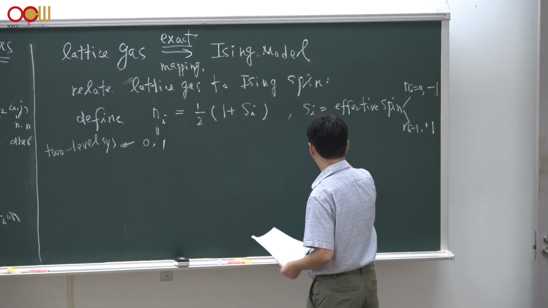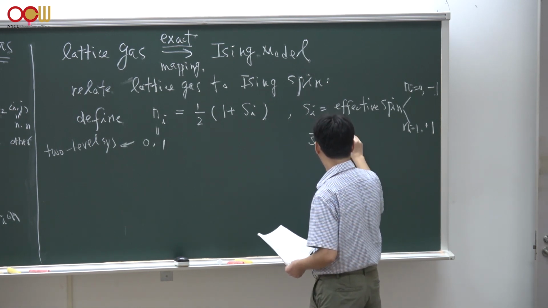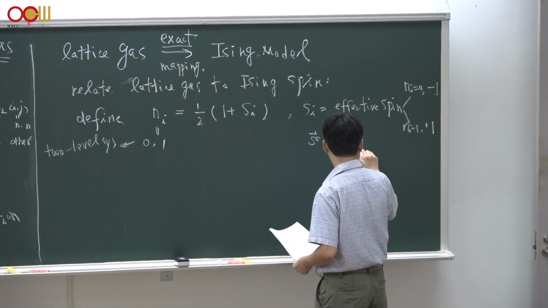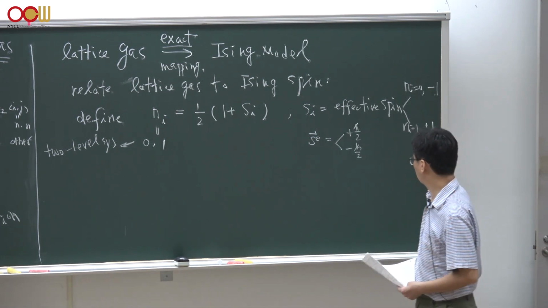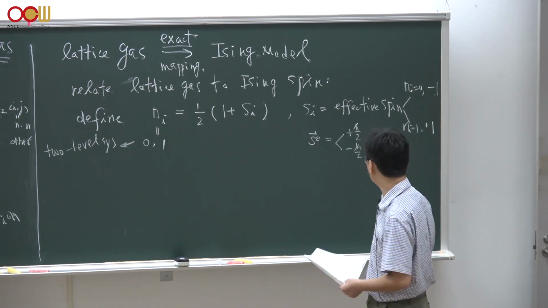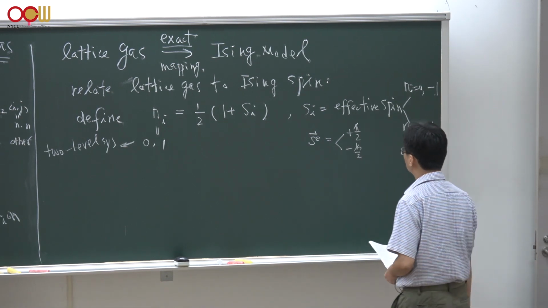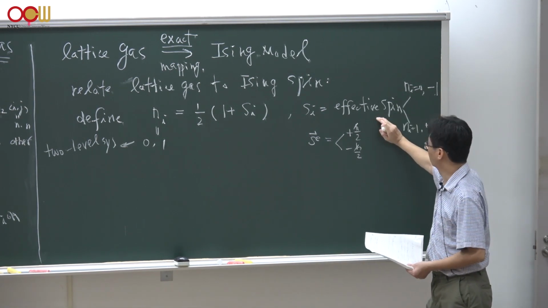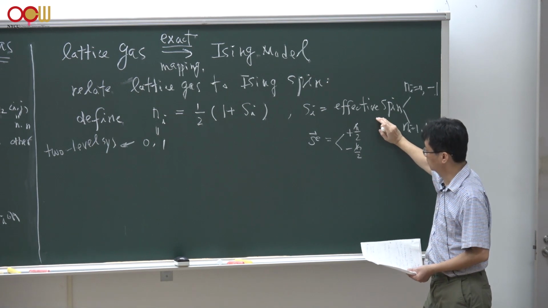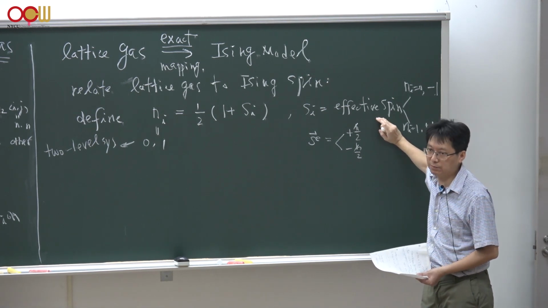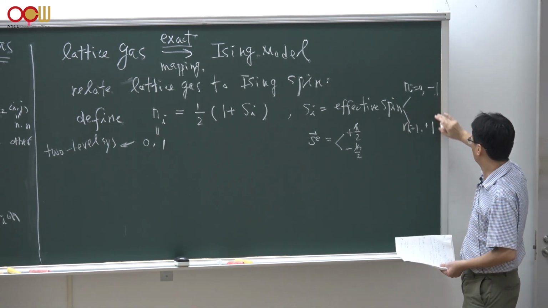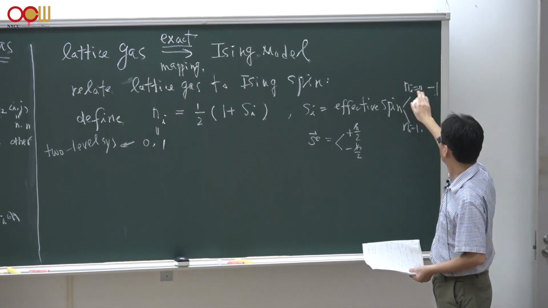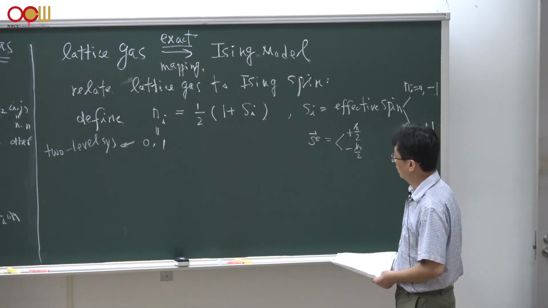Remember, the real spin of an electron takes just plus and minus half of h bar. Likewise, here we consider an effective spin or pseudo spin, which takes only two possible values, plus 1 or minus 1, depending on the occupation of the particle.